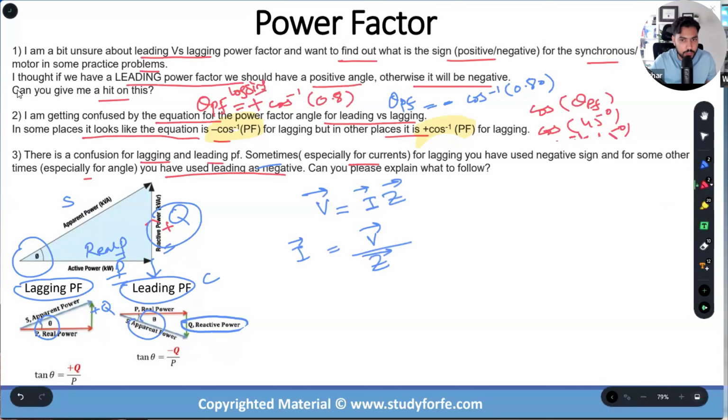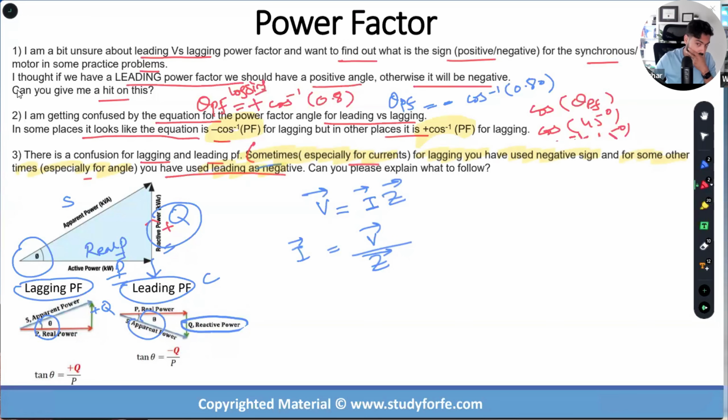Let me bring your attention back to this portion of the question. It's saying that sometimes, especially for currents, for lagging, you have used a negative sign, and for some other times, especially for angle, you have used leading as negative for currents. Okay.